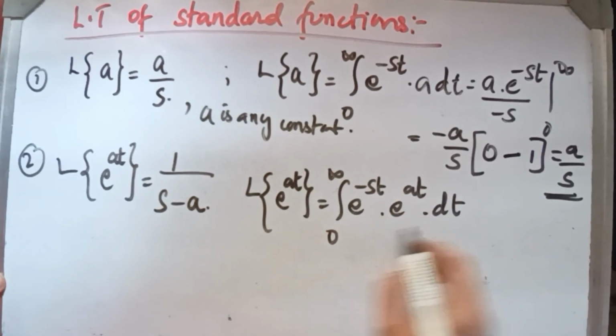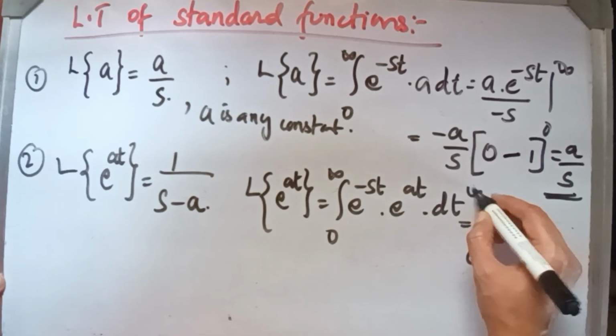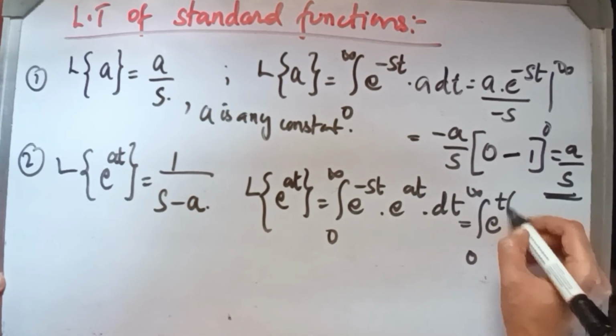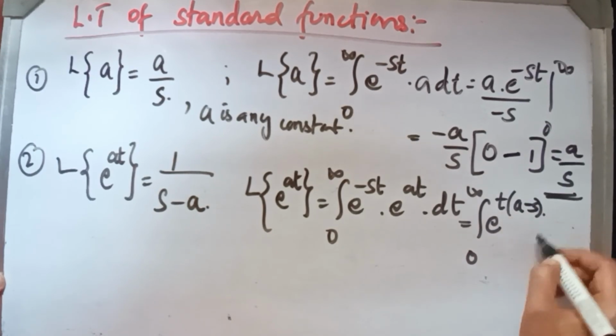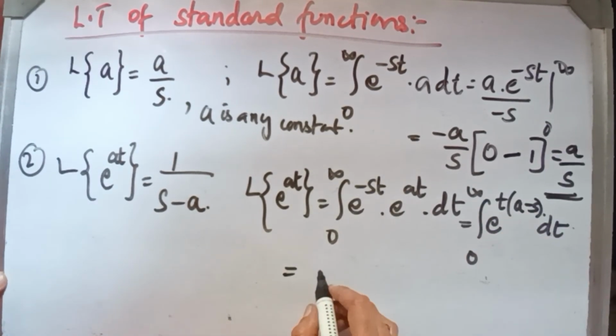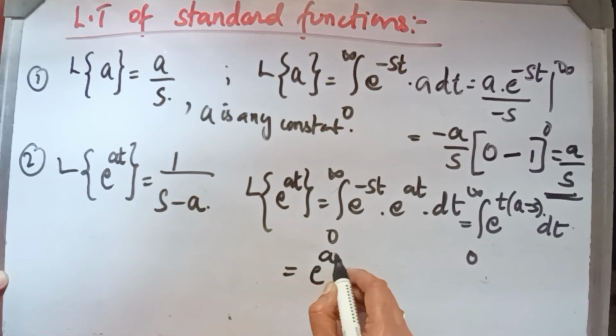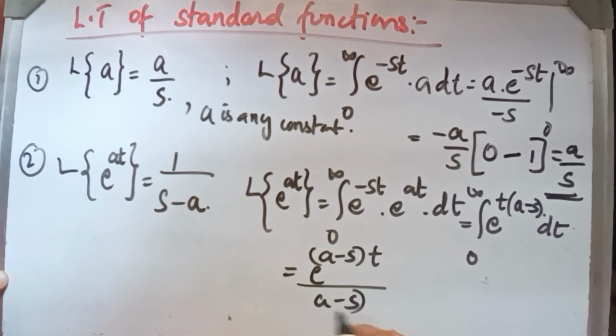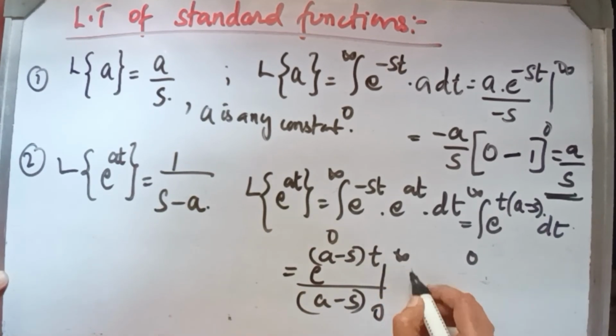So simplify, this is 0 to infinity e power at minus st, so t into a minus s, into dt. So apply the integral here. E to the power a minus s into t divided by a minus s. Integral is from 0 to infinity.